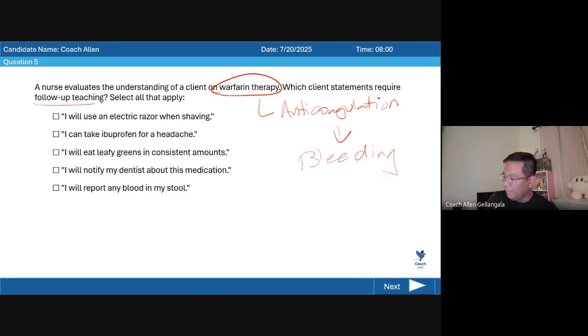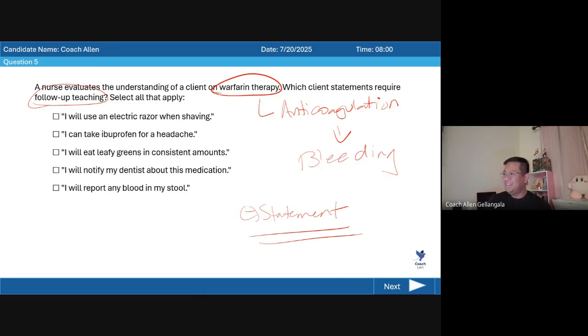For my nurses here who have been with me for quite some time, when you see this, this is a negative statement question. So we are looking for opportunities of health education. Let's do it. Letter A: I will use an electric razor when I am shaving.